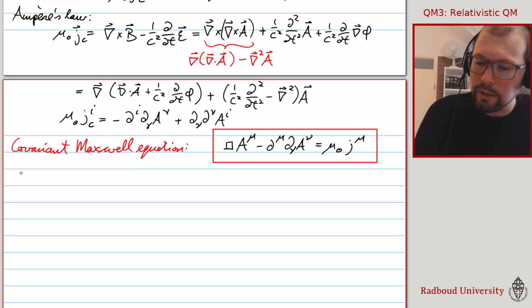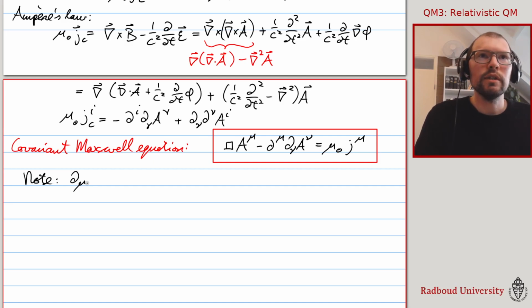Let's just make a quick remark here. What happens when I take the four-divergence of the left-hand side of this equation?